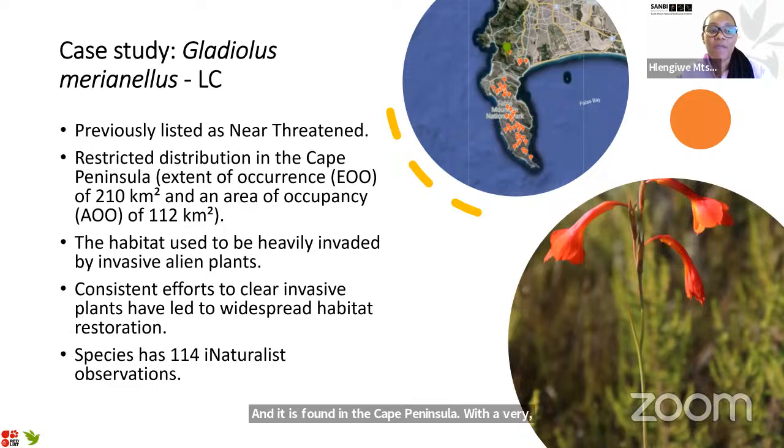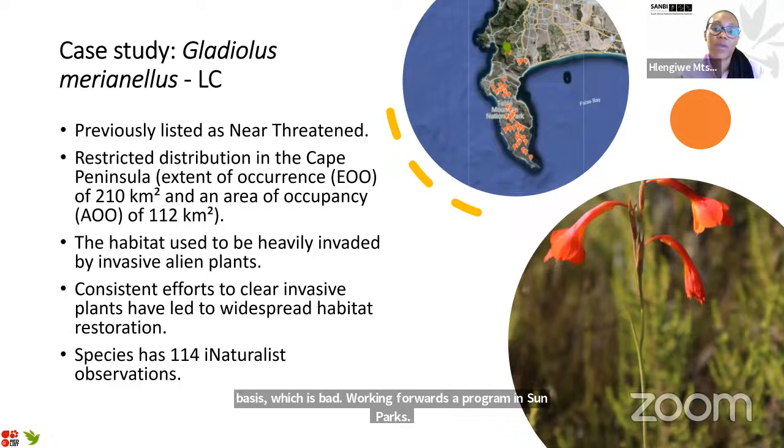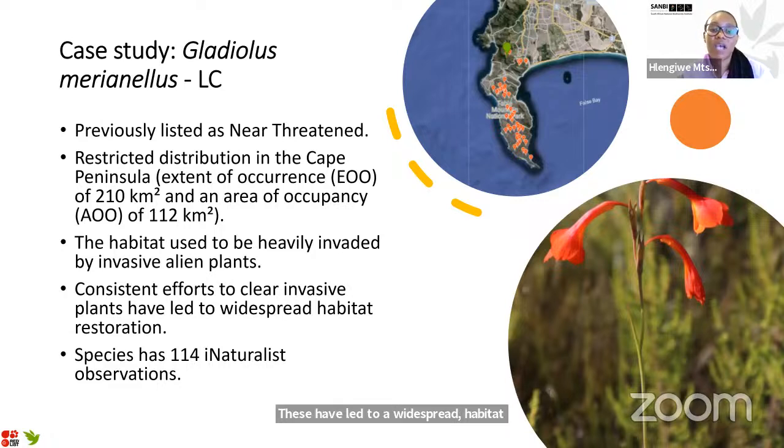At the time when it was listed, it was thought that the alien invasive species were going to affect the species. But with the consistent efforts to clear the alien invasive species by the Working for Water program and SANBI, there has been widespread habitat restoration. The efforts have allowed the fynbos to recover.